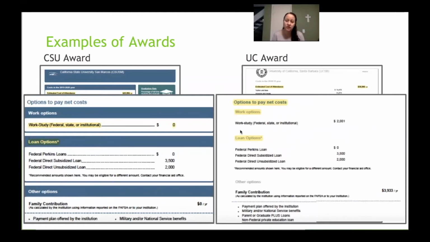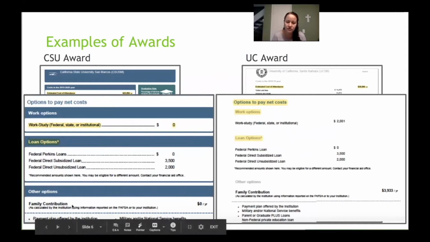In regards to loans, there are two types, subsidized and unsubsidized, and we will talk to you a little bit more later about those things. One last thing, on this award you see other options. These are basically other options you could use to pay your net costs. We won't go into those in too much detail here, but just know you can ask your Talent Search advisor if you're interested in learning more.